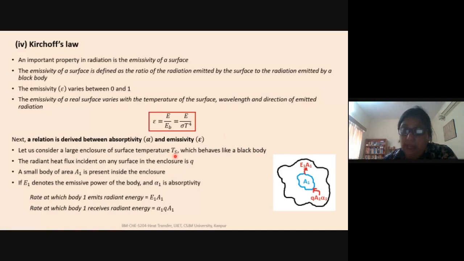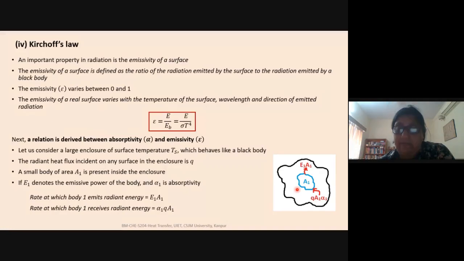The heat flux incident on any surface inside this enclosure is given as q. A small body of area A1 is present inside the enclosure.